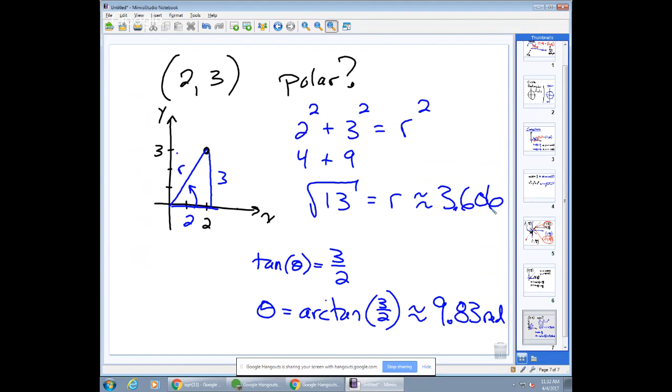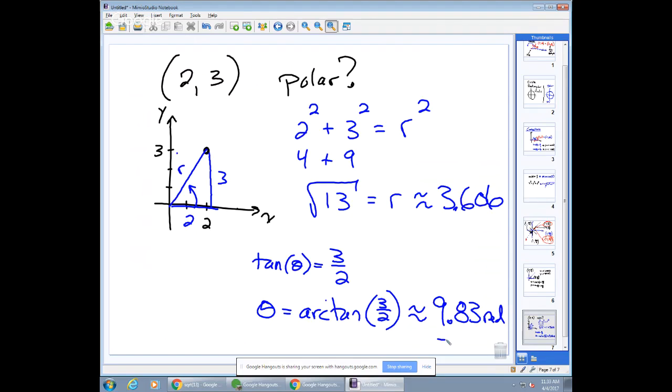So let's see, pi over 3: pi is about 3, 3 over 3 is about 1. So pi over 3, would you agree, is in the vicinity of this angle right here? It's bigger than pi over 4 and smaller than pi over 2.